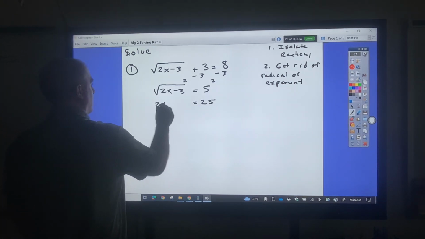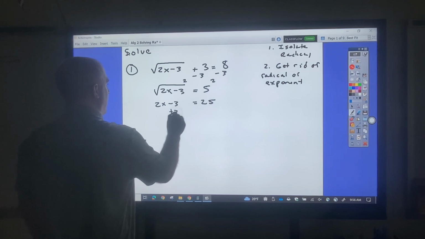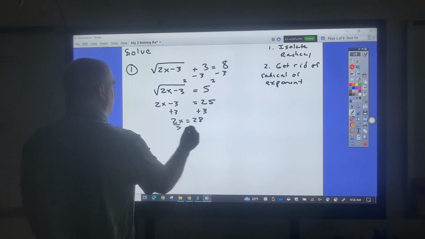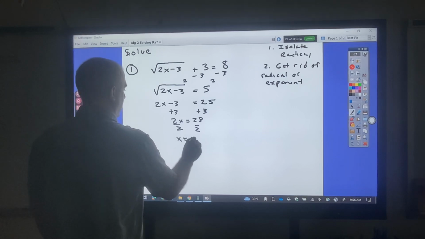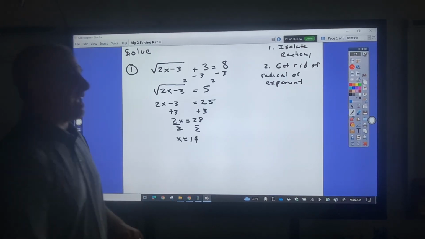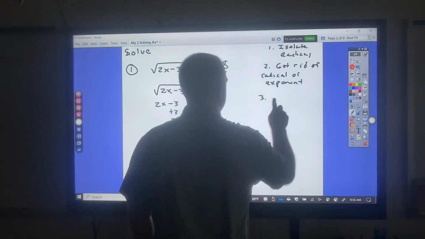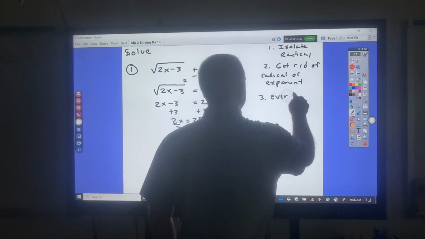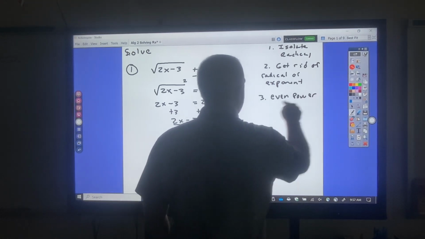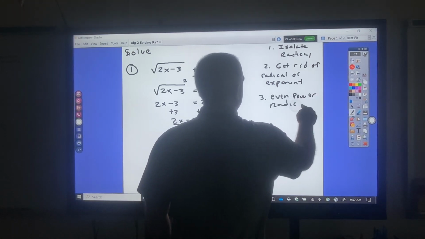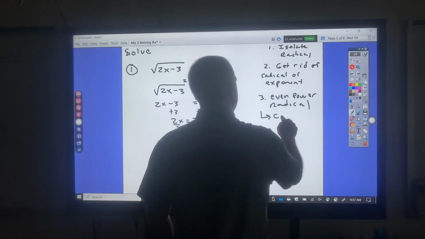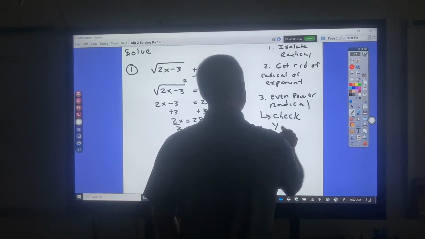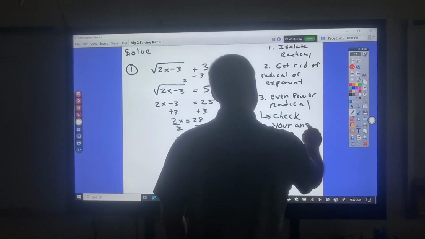Then I add 3, divide by 2. Now, once I've got my answer, this is very important. If you have an even power radical, you have to check your answer.